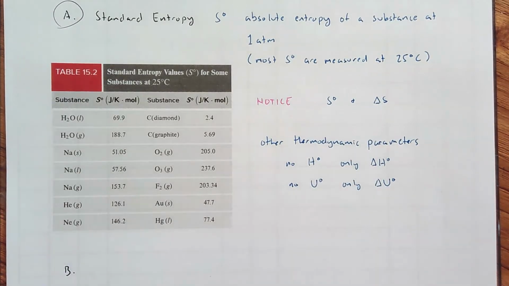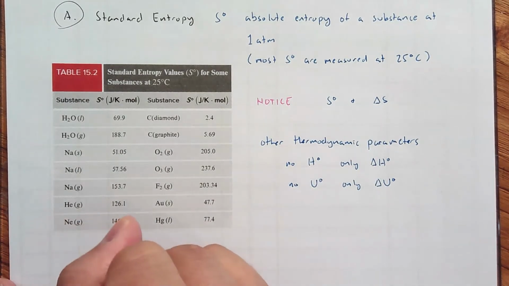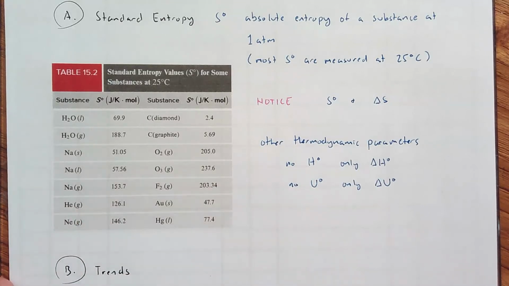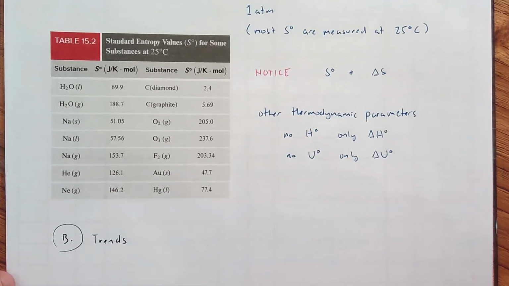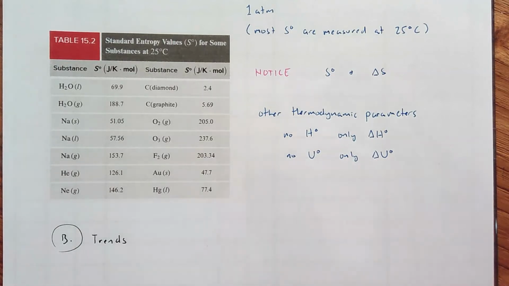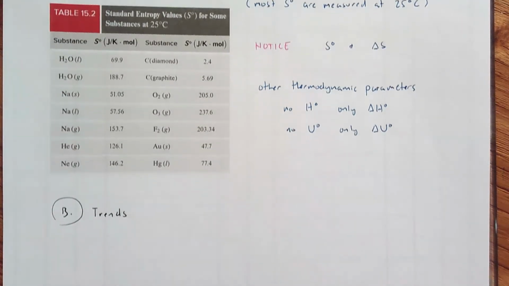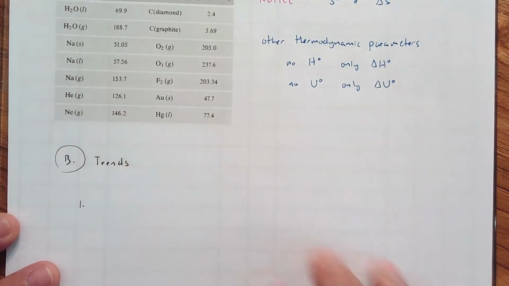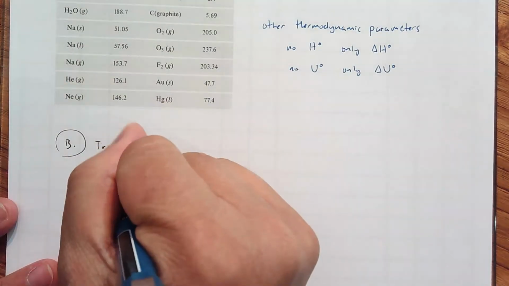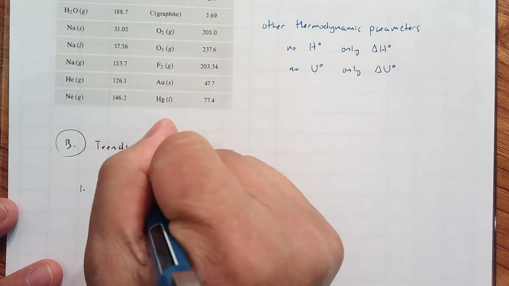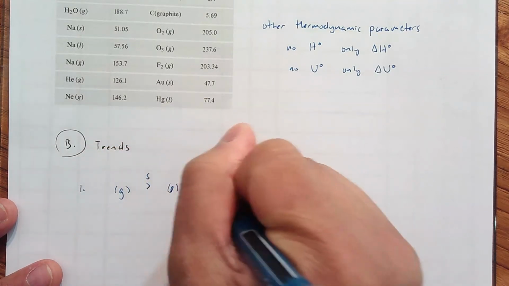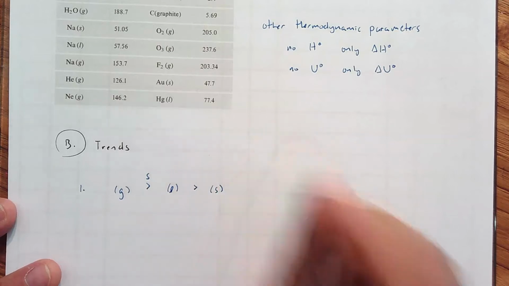So let me give you a couple trends. These are important because you will likely encounter questions that ask which substance has more entropy, which substance is more disordered. Trend number 1, this is fairly obvious. Gas has greater entropy than liquid, than solid.